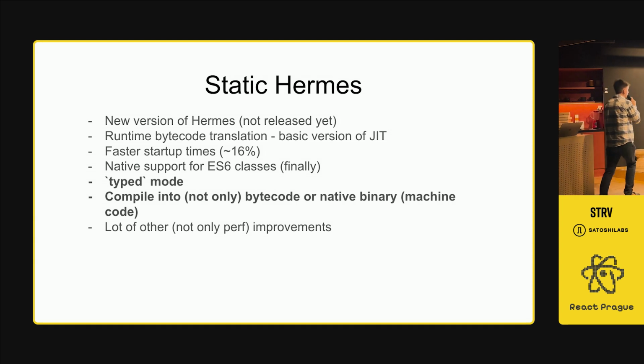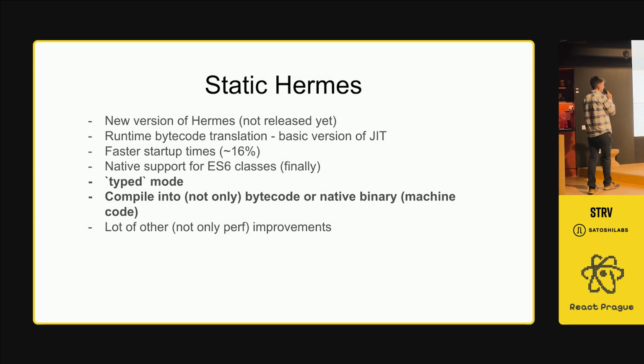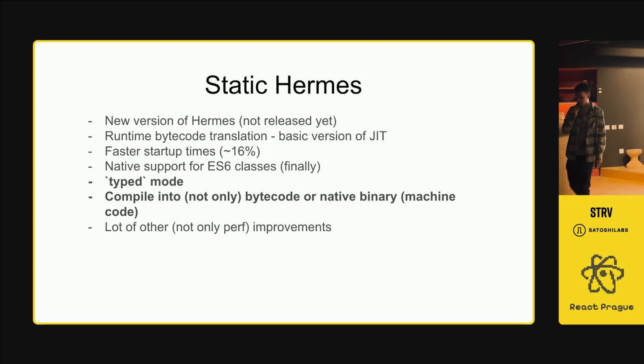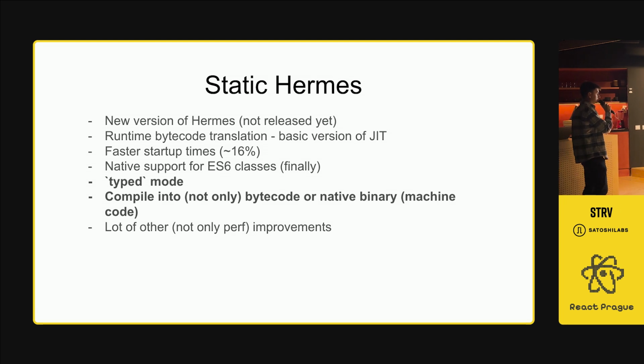If you use Static Hermes right now, you will have a little bit faster startup times. You will finally get native support for ES6 classes, which is nice because it's 2025. It has type mode. I will get into this later because it's very exciting.